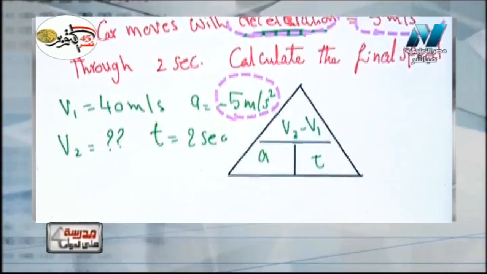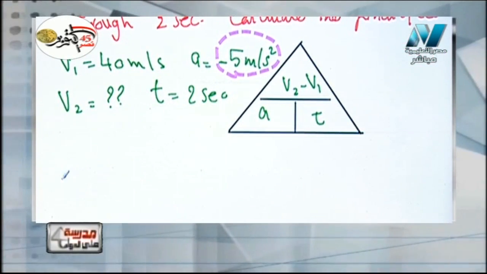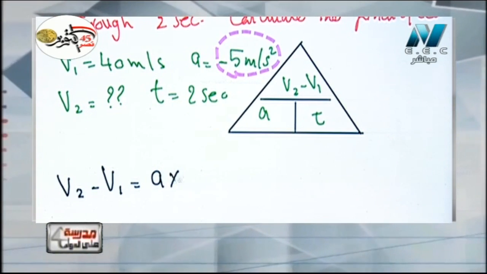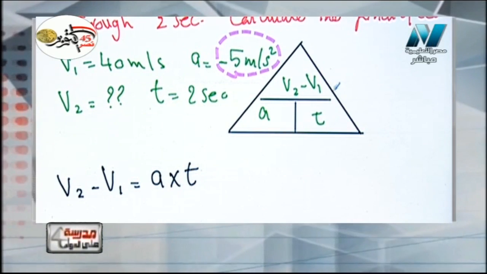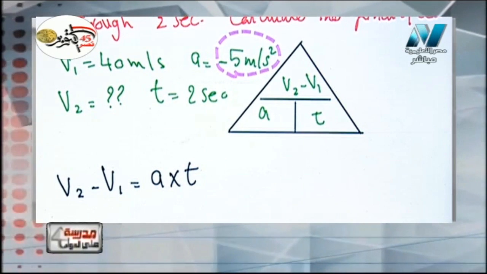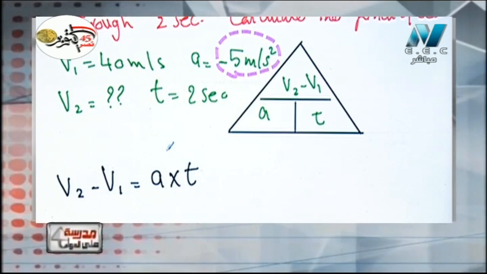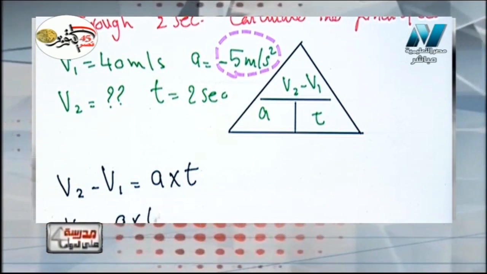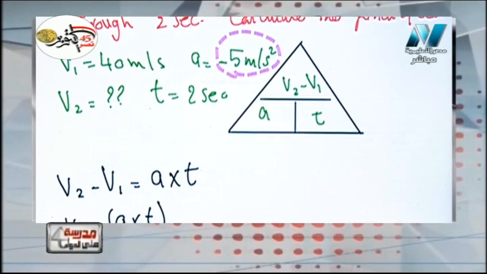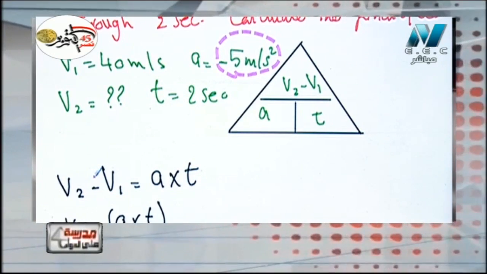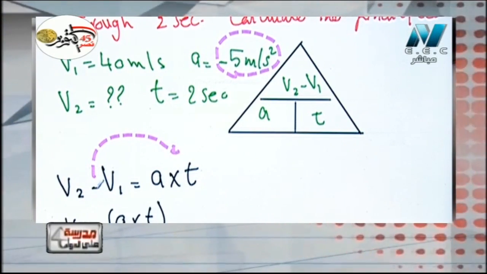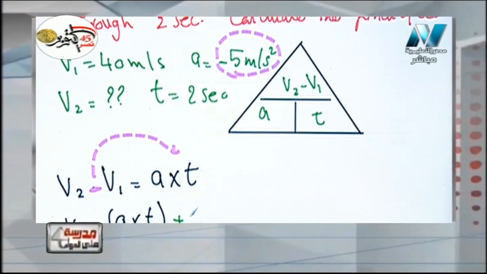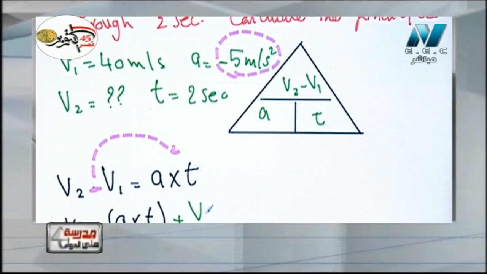تعالوا ننزل لتحت شوية. بصوا بقى معي. Here we have V2 minus V1 equal A times T, from the magic triangle. I need to calculate V2, the final speed. So V2 equal A times T in brackets. V1 will transfer to the other side, and here we have negative, صح? So we will use positive, plus V1.